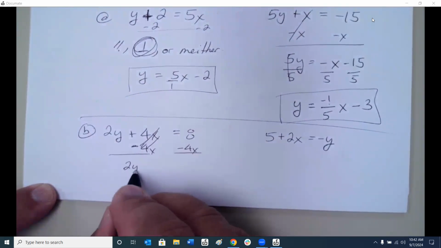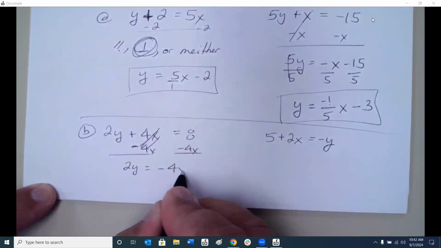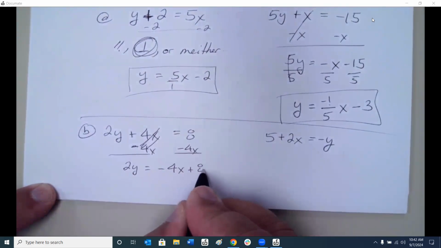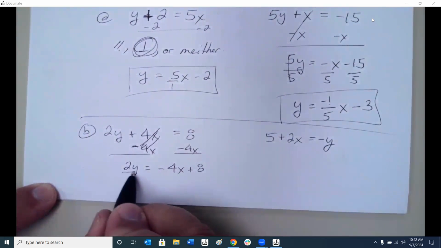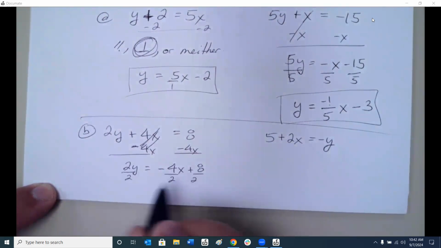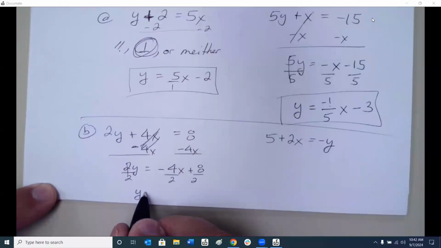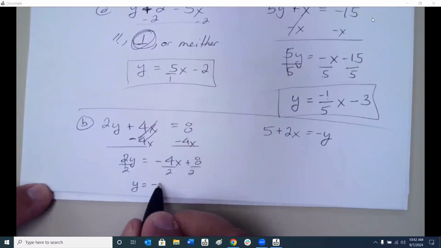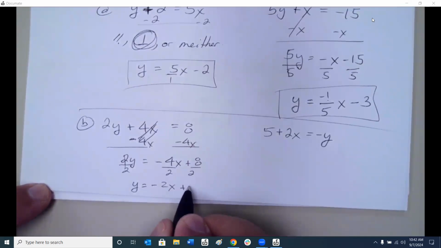So we have 2y equals negative 4x plus 8. And then divide each number by 2. So y is equal to negative 2x plus 4.